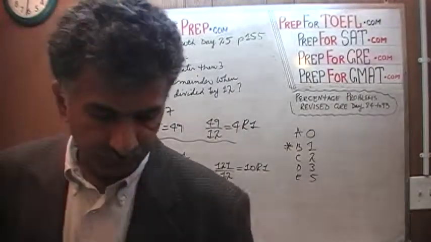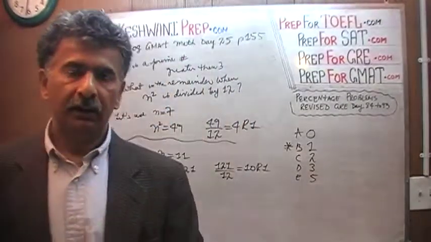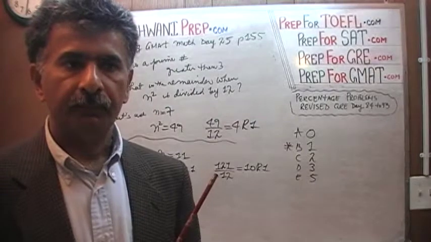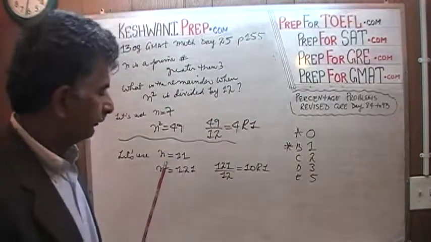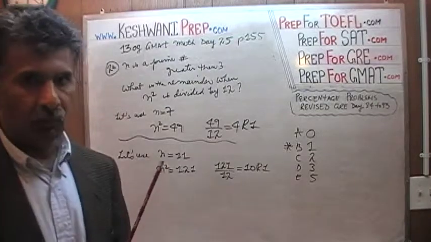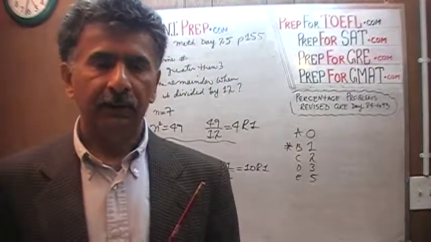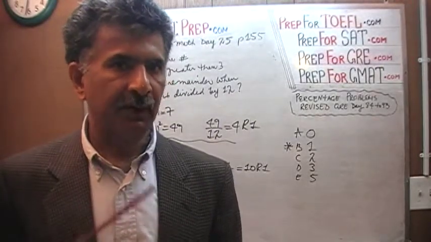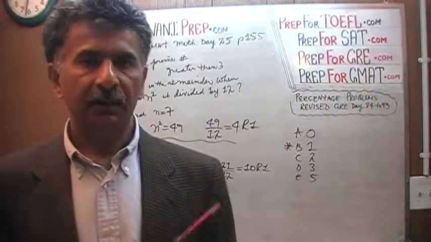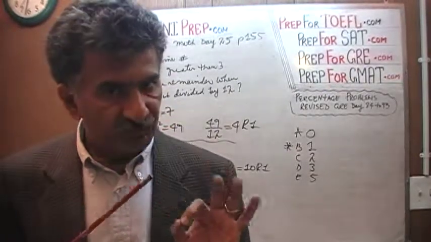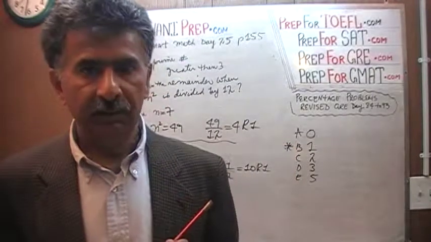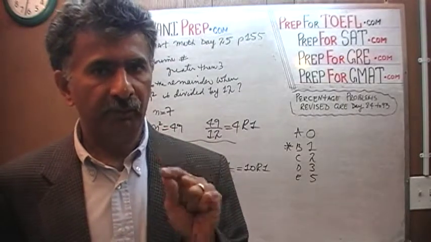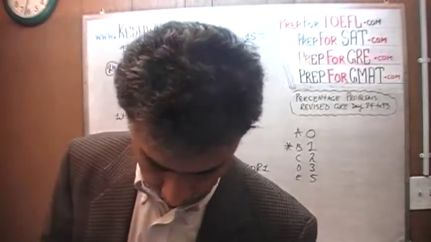One of the properties of prime numbers, which is not widely known, is that when you square it and divide it by 12, as long as that prime number is greater than 3, so not a 2 or a 3, the remainder is always equal to 1. That's all. Therefore the answer is 1.